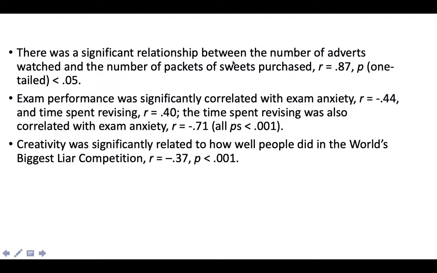Remember our first example. So Pearson's correlation coefficient equals .87. Okay, two decimals and no zero before. And P, probability one-tailed, is smaller than .05.